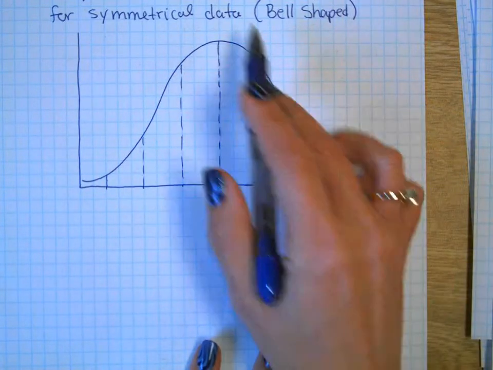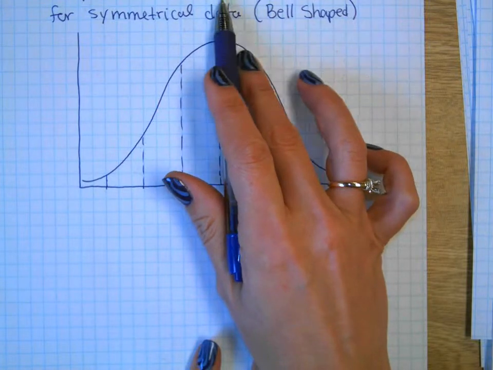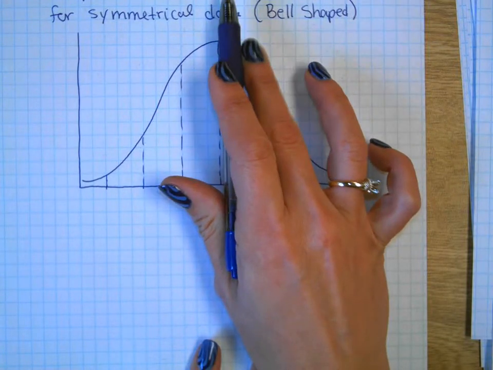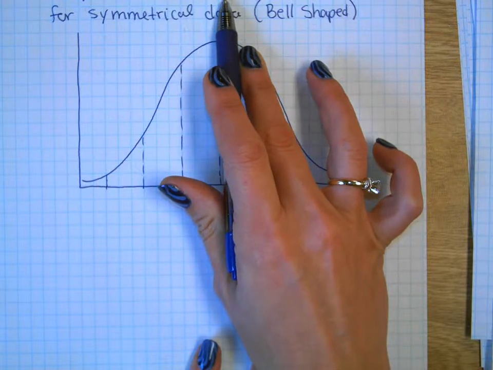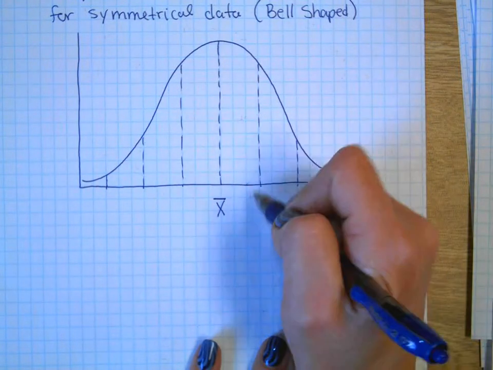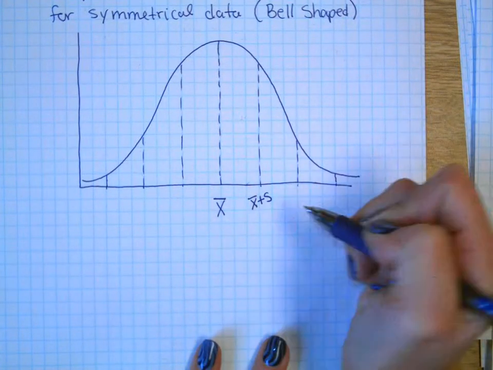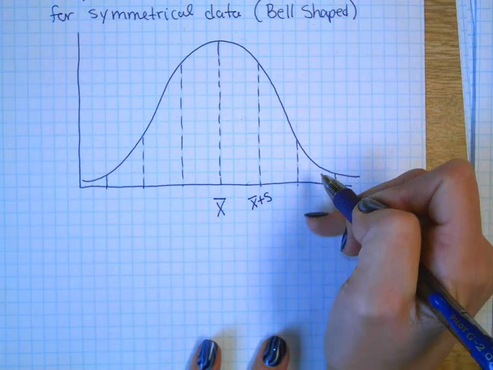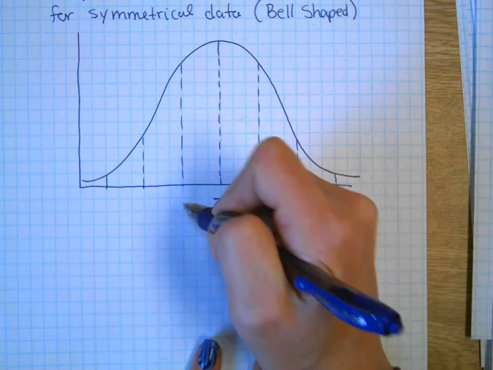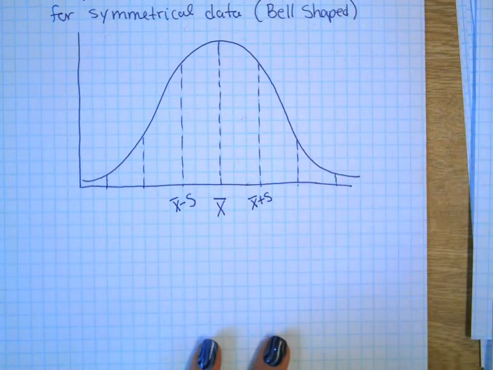So what this empirical rule says is that 68% of your data is going to be within 1 standard deviation of the mean. So what this first bar represented here was the mean plus 1 standard deviation, because I went above. This one represents the mean minus 1 standard deviation.